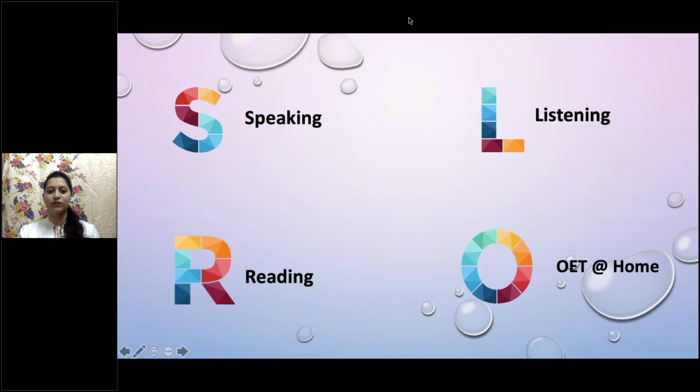So far, we have covered speaking, and then we even conducted a practice session for speaking, and then recently we did listening and reading.